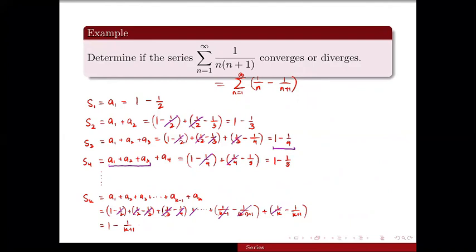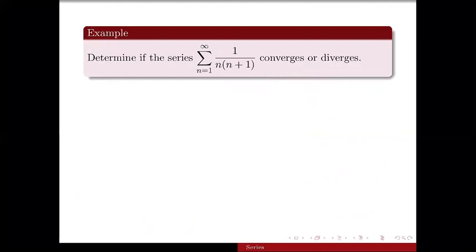So if we get the limit as k approaches plus infinity of S sub k, this is just the limit as k approaches plus infinity of 1 minus 1 over k plus 1. But as k goes to plus infinity, this will just go to 0.